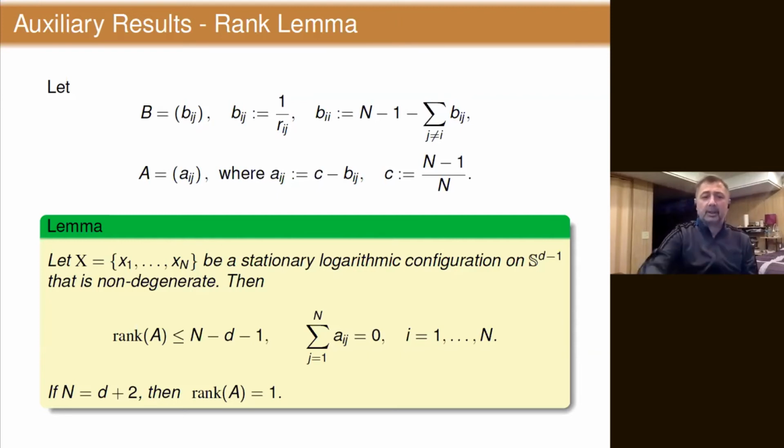So let me emphasize what happens when n is d + 2. What happens is that the rank of that matrix is 1.